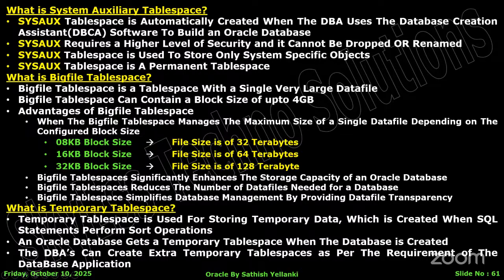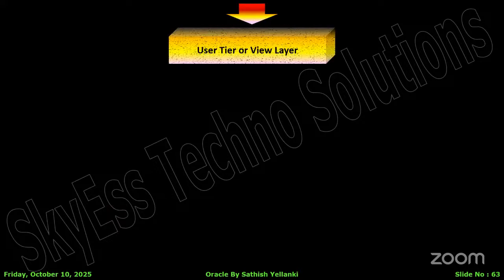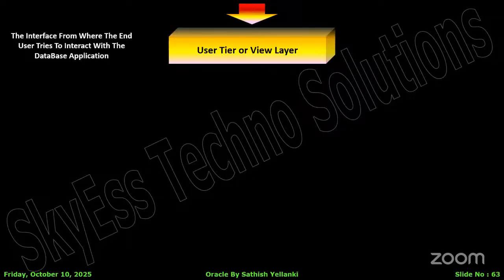So the fundamental architecture of your database will go in this style. I wanted to follow up on the constructs. On the top level, we have one user tier or view layer. Anytime the end user wants to communicate with the Oracle database, he will definitely use an interface from which he can communicate with the database.